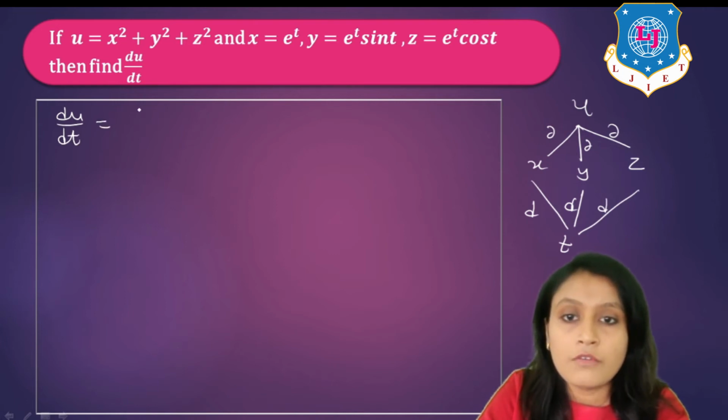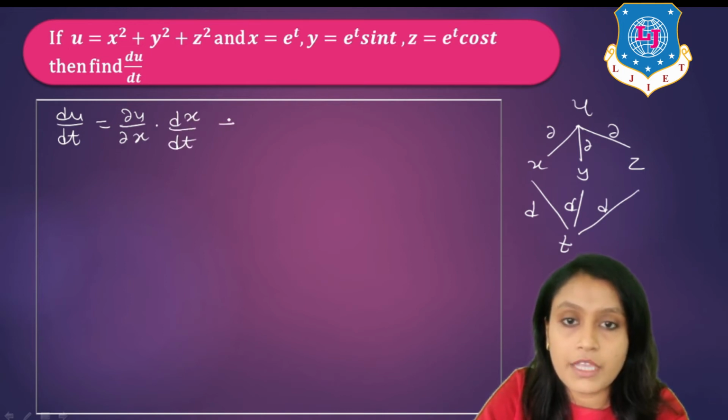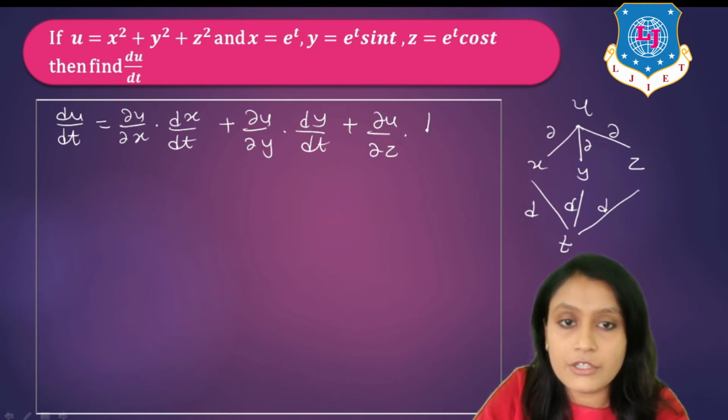Okay, so what will be the chain rule? Firstly we will go from u to x and x to t. So you will get del u by del x into dx by dt. Okay, plus del u by del y into dy by dt plus del u by del z into dz by dt.